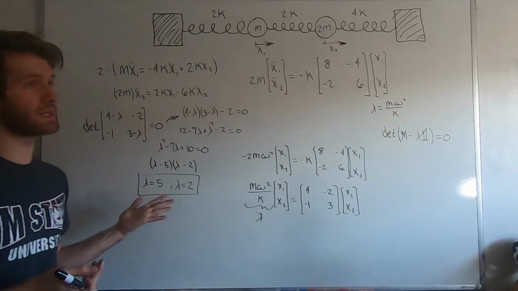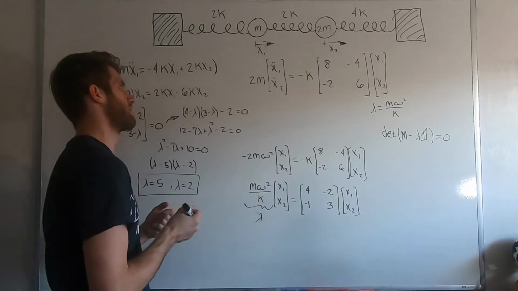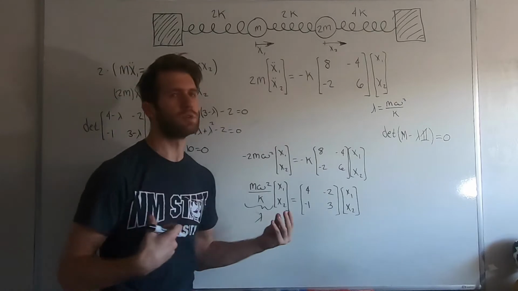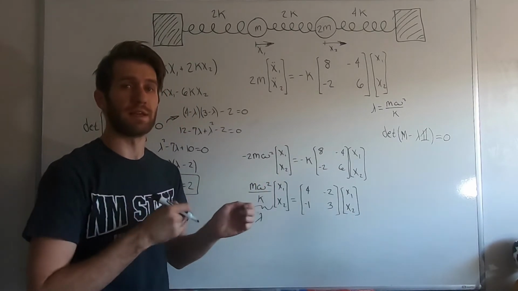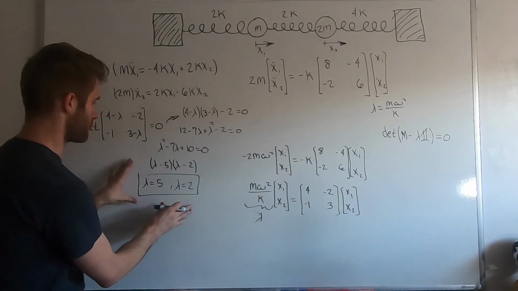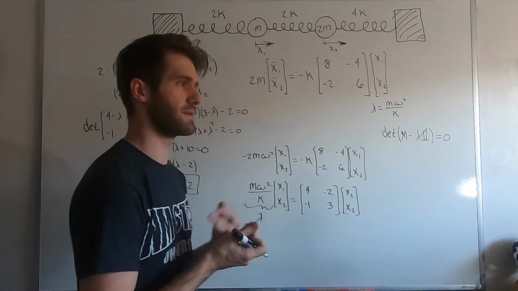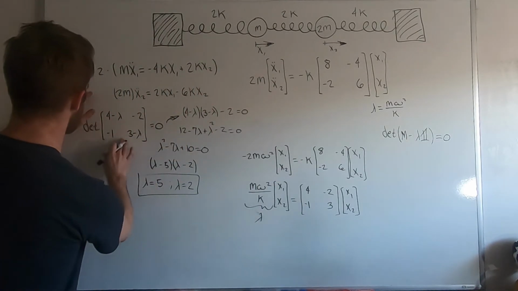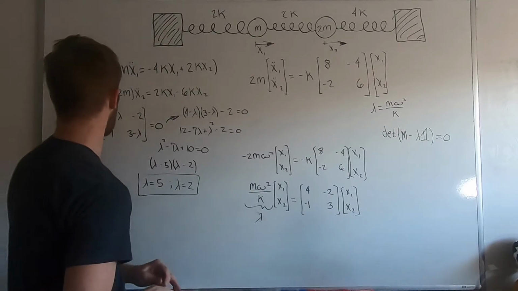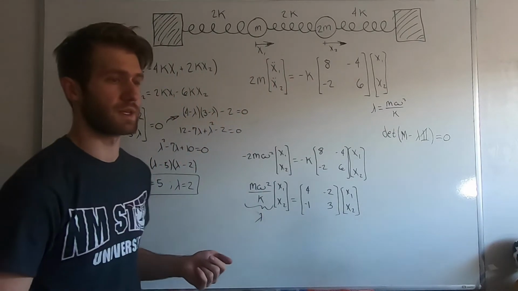And now all we really need to do is find the eigenvectors that correspond to our normal modes, which are essentially just the modes at which a sinusoidal wave oscillates in phase relative to these particular frequencies of oscillation. So now all we really need to do is plug these back in and solve for our eigenvectors.